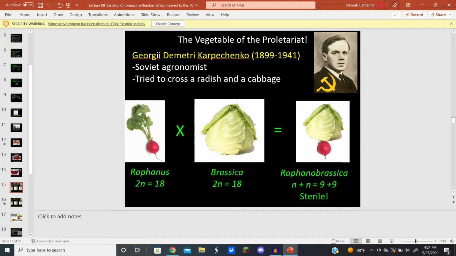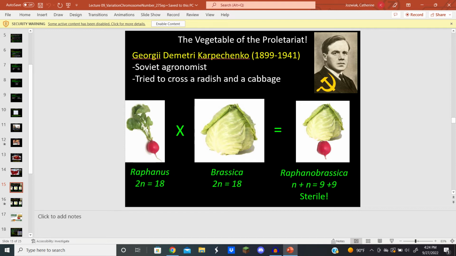So even though Karpachenko was working for the Soviet science institution, he'd been trained in science outside of the Soviet Union. So he knew about how Mendelian genetics works. He knew to look at chromosomes and things like that. The idea behind, incidentally, making a rabbage, or a caddish, was that a radish has a super useful root, not much above ground.